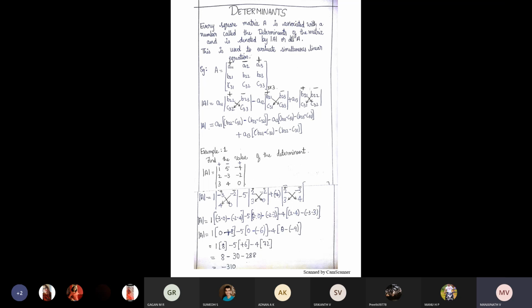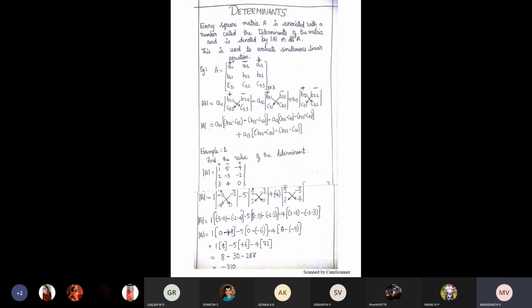Check what you are left with. If you suppress first row and third column, you are left with B21, B22, next C31 and C32.